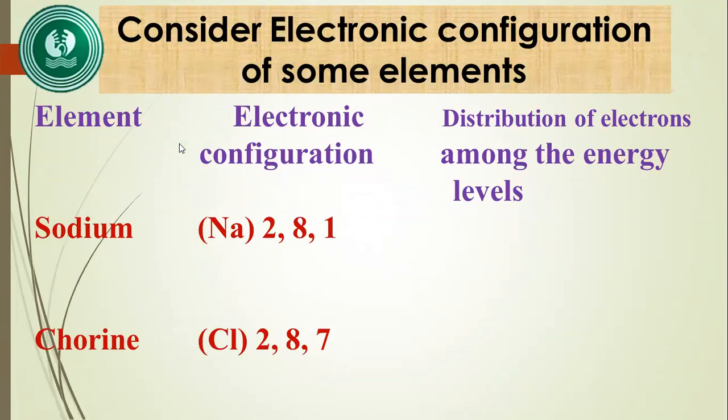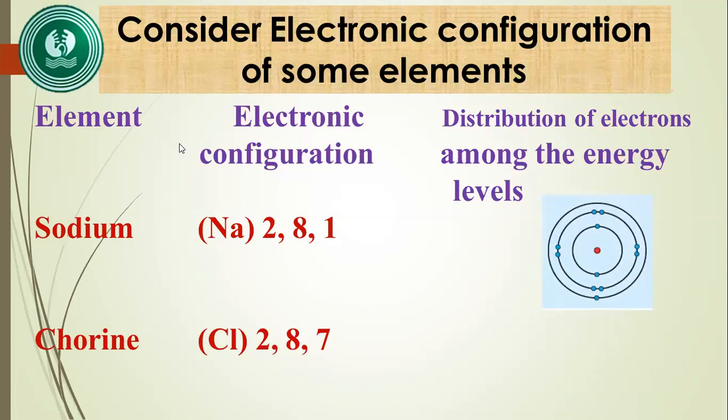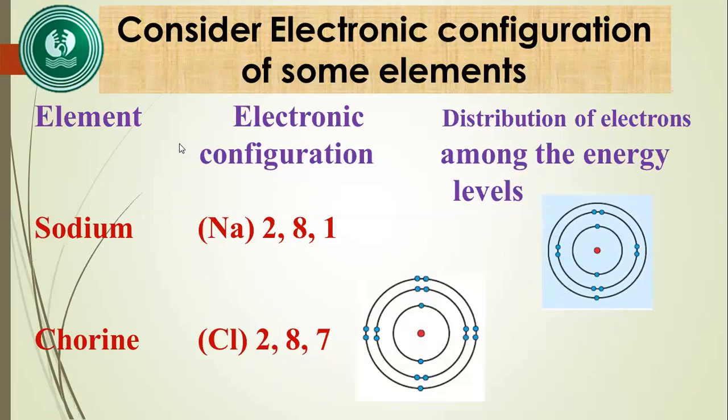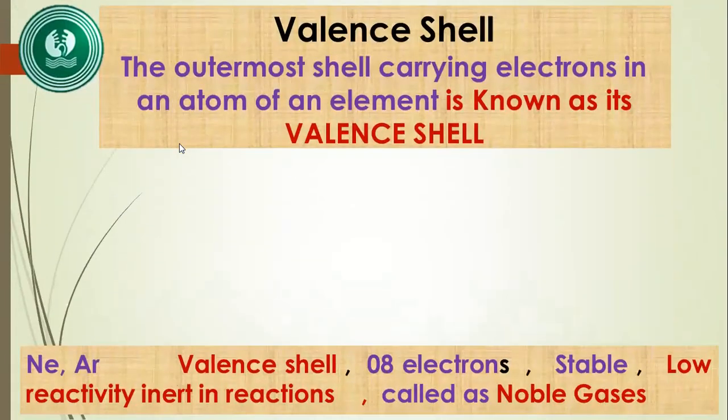We will see how these electrons are distributed in the energy levels. In sodium, the outermost energy level, the valence shell, has only one electron. In chlorine, there are 7 electrons. See the definition: the valence shell is the outermost shell carrying electrons in an atom of an element.